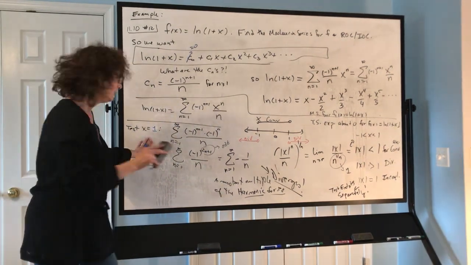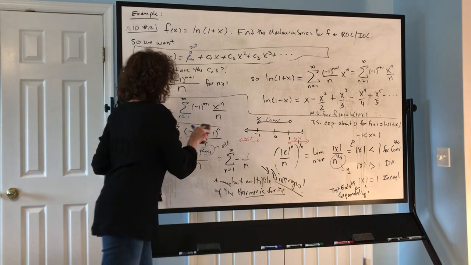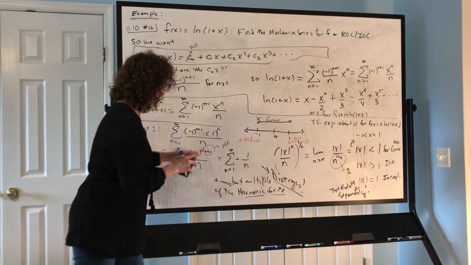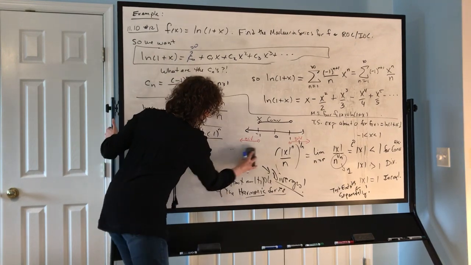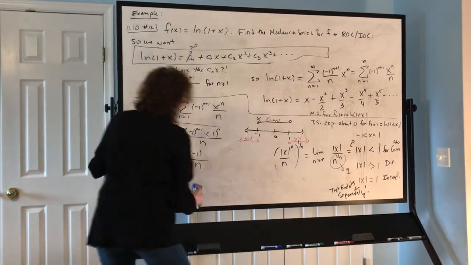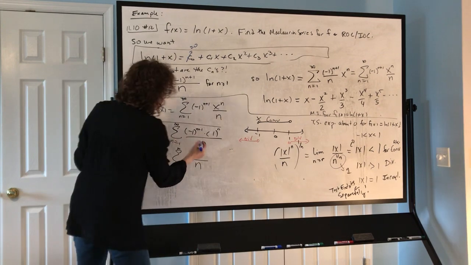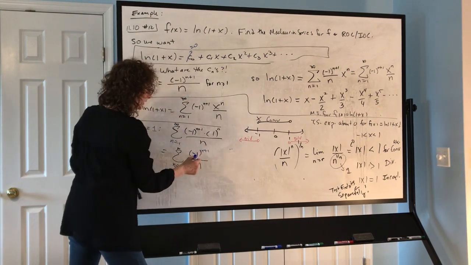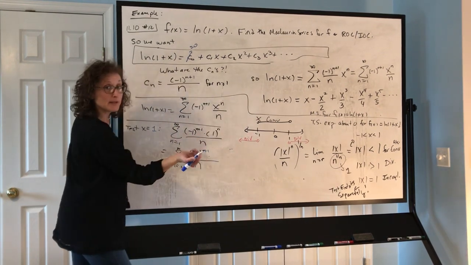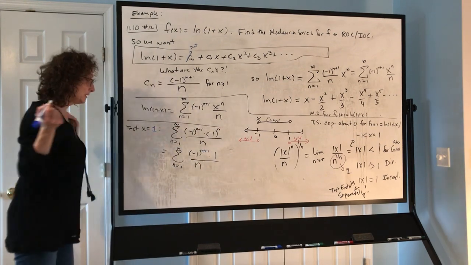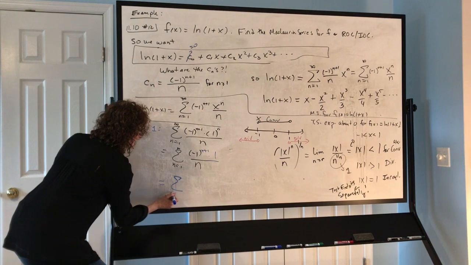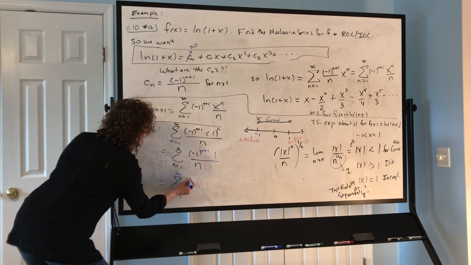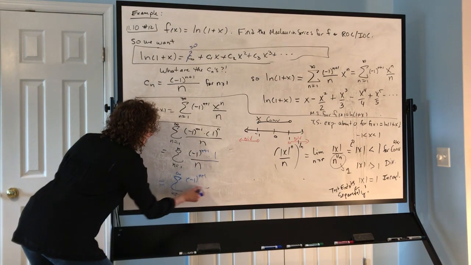Test x equals 1. Now what happens? Then we're just plugging in a 1 for x. So now what do we have? Minus 1 to the n plus 1 times what? What's 1 to the n? Just 1. So that's just the sum from n equals 1 to infinity of minus 1 to the n plus 1 over n.